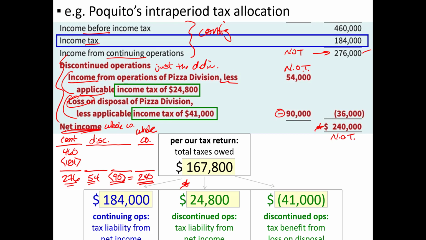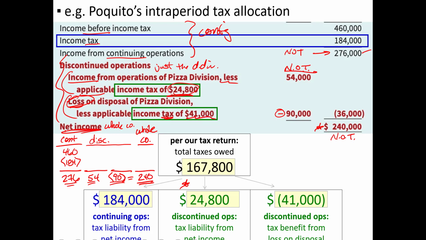Well, we're just trying to break down the discontinued operations without giving too much color to it. Notice how they tell us these numbers are net of tax, but they tell us how much tax there was that affected those numbers. A couple things you want to be careful with here. If there is net income, then there's going to be tax that we owe the government. If there's a loss, the tax effect is actually a tax benefit.